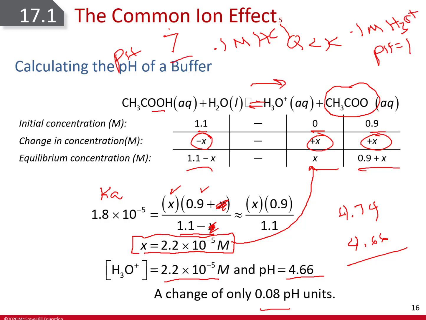So we went from a pH of 7 to a pH of 1 when I add 0.1 moles of hydrochloric acid to make a liter of solution, which is 0.1 molar, right? So here's the kind of thing that we get into. If you don't buffer your aquarium and you have a small amount of acid added, that acid is going to cause the pH to drop from 7 to 1, and your fish are all going to die.